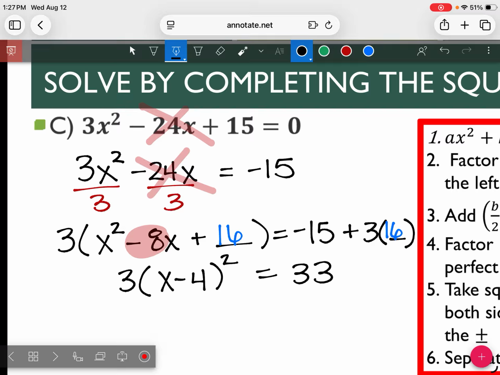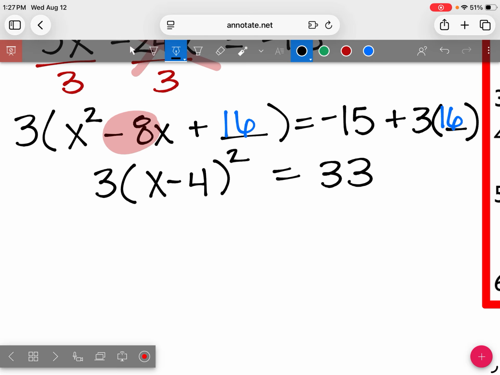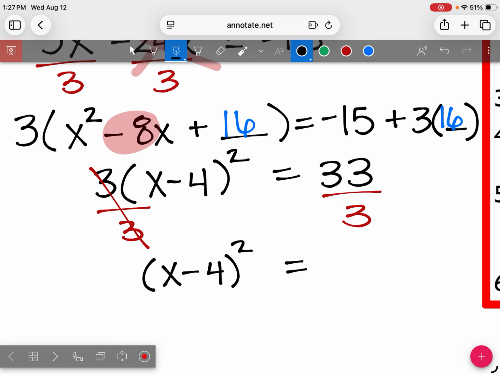Okay, so now we're going to solve it. Now, when I'm solving, would I take the square root first or would I divide the 3 out first? You would divide the 3 out first. So we're going to do that. And then we didn't get a perfect square.